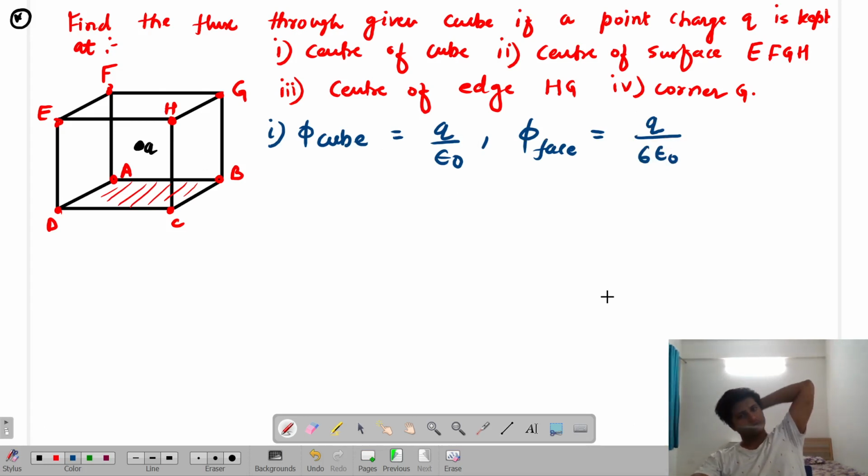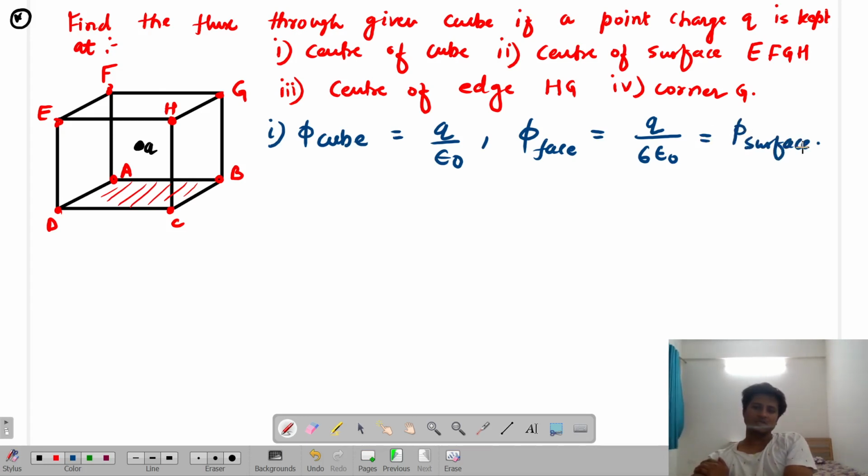So flux through the cube is always q by epsilon naught, but through one face it is q by 6 epsilon naught. Is that clear?